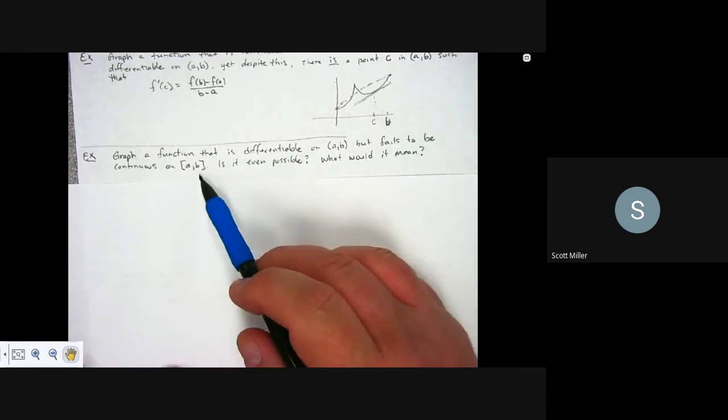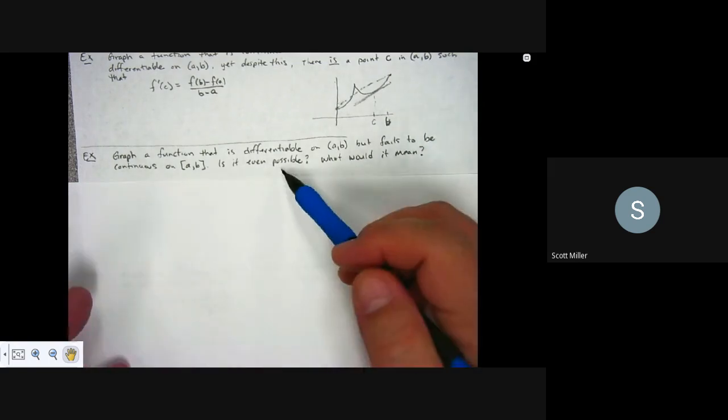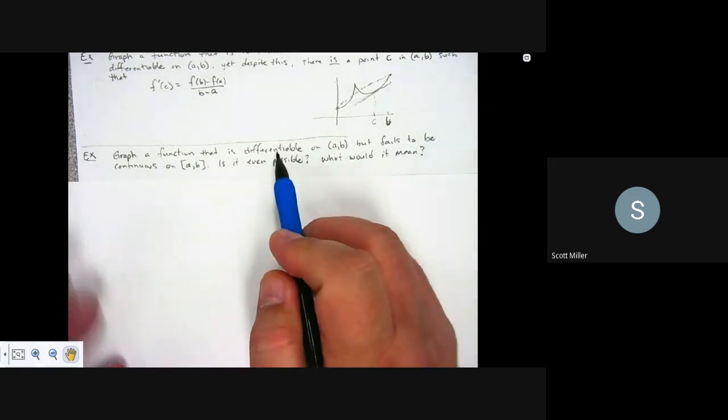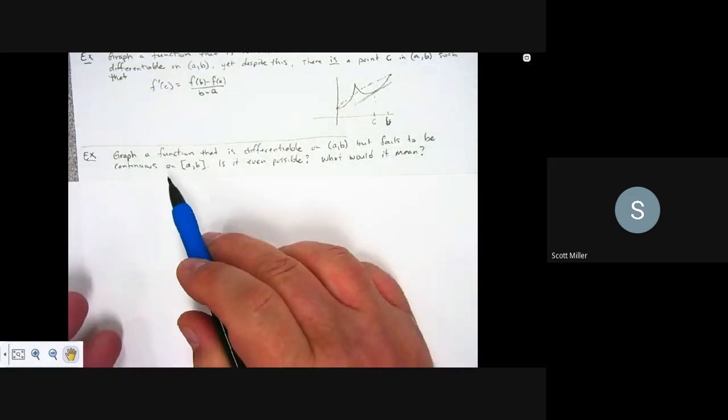Okay, let's look at another example here. We're going to graph another function. Graph a function that is differentiable on the open interval, but fails to be continuous on the closed interval. Is that even possible? What would it look like? Why do I even have to ask this question? Well, because differentiability implies continuity.